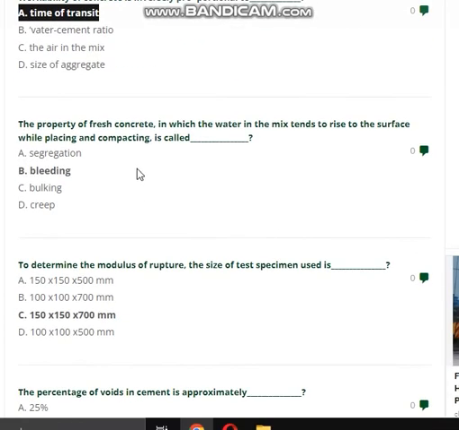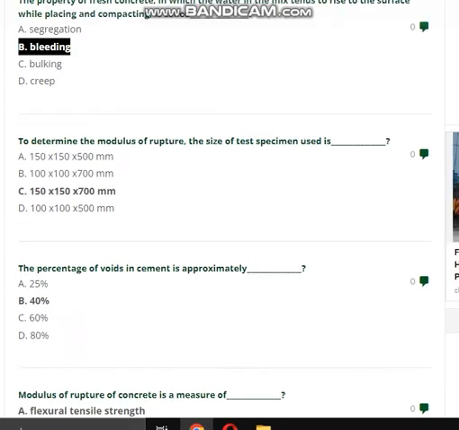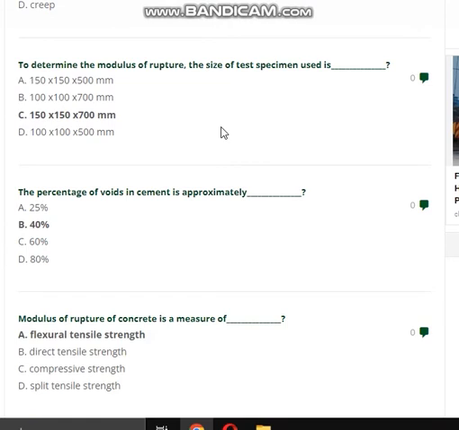The property of fresh concrete in which the water in the mix tends to rise to the surface while placing and compacting is called bleeding. To determine the modulus of rupture, the size of test specimen used is 150 × 150 × 700 mm.